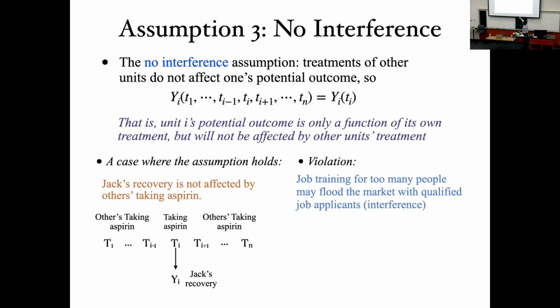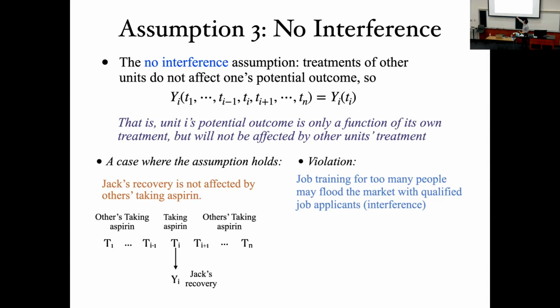So the third assumption is no interference. Intuitively, this assumption is kind of trivial in most cases, because when you intervene on this person and see the effect, generally speaking, you don't care about the treatment on other subjects. Suppose you want to see the effect of vaccination on me, then generally you don't care about the effect on other people. So mathematically, it's the following.